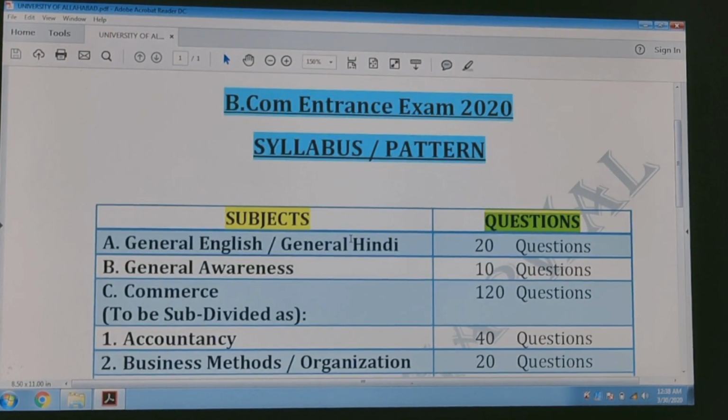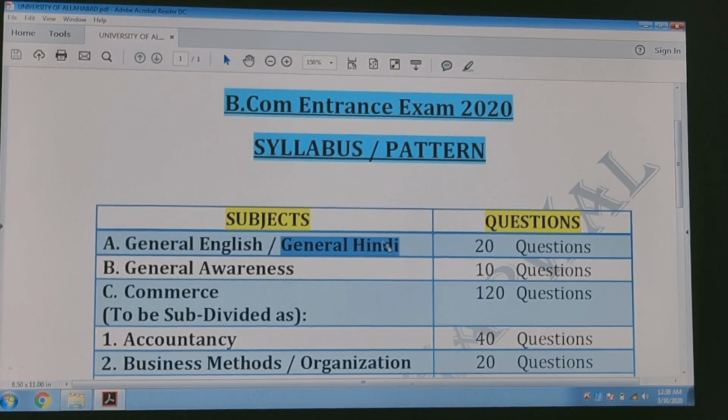Talking about the subjects, there are basically three parts in which the subjects have been categorized. The first part is general English, or you can say general Hindi. Why is it general English as well as general Hindi?